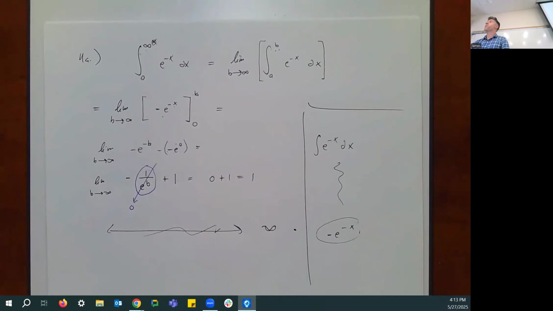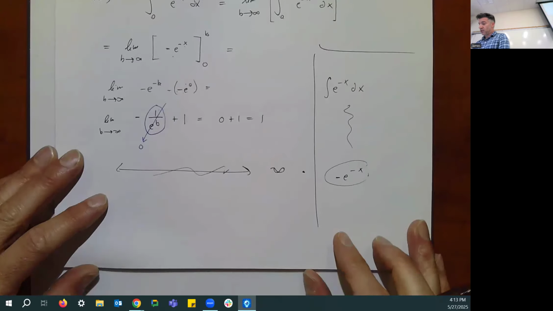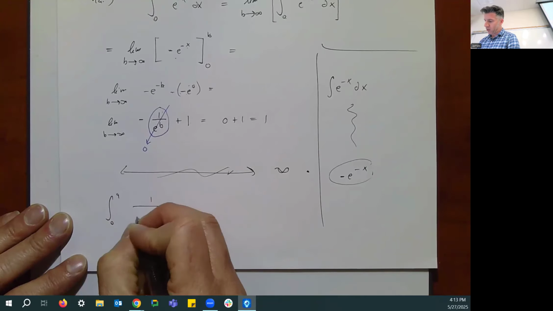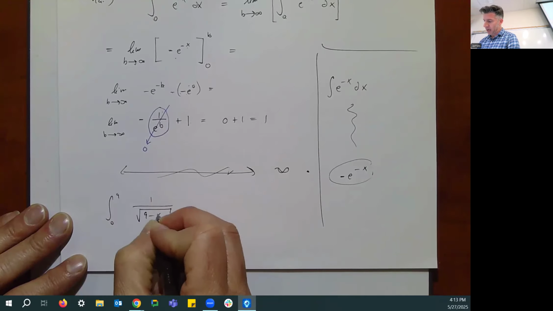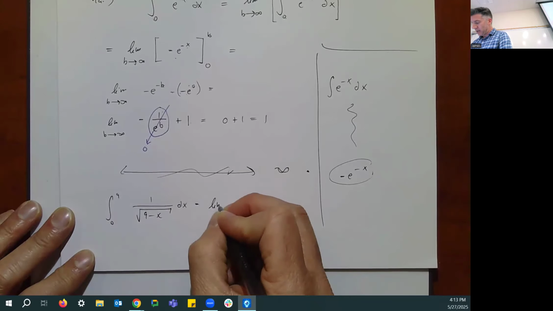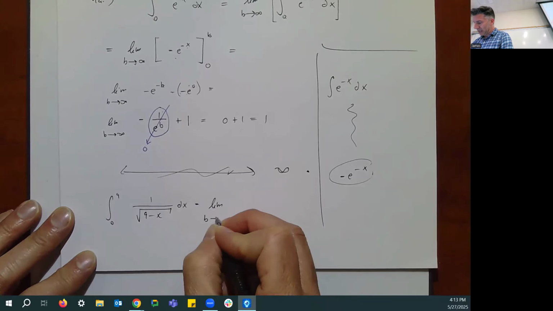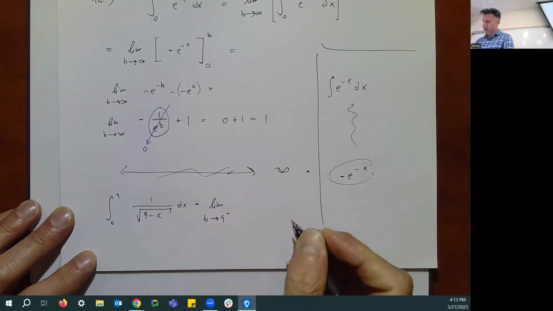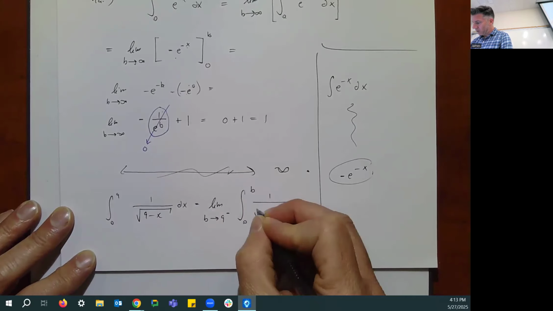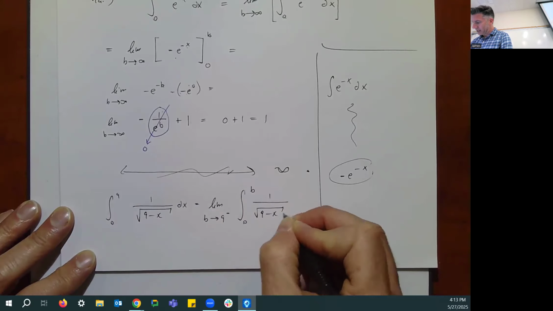Yeah. For example, with an integration from like 0 to 9, you have to put the limit for the right and stuff. Yes. So for example, if someone said the integral from 0 to 9 of 1 over the square root of 9 minus x dx, then you would rewrite this as the limit as b approaches 9 from the left-hand side of the integral from 0 to b of 1 over the square root of 9 minus x dx.